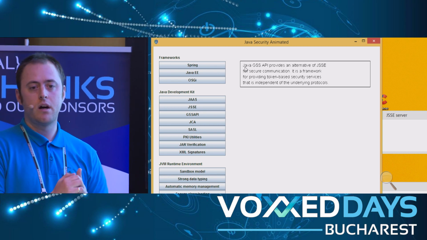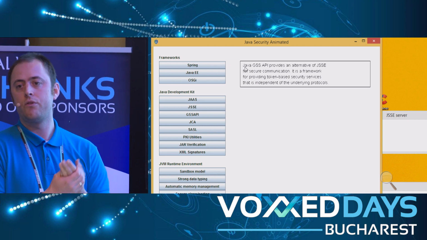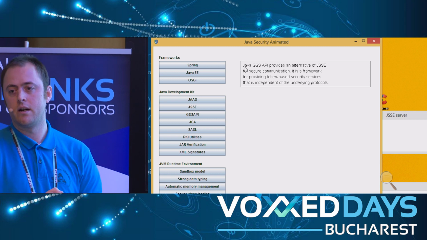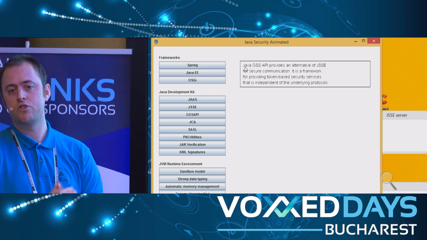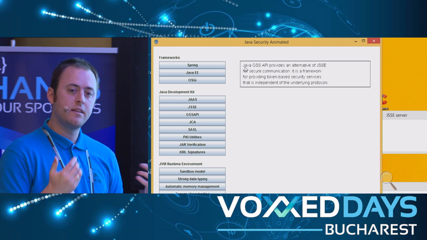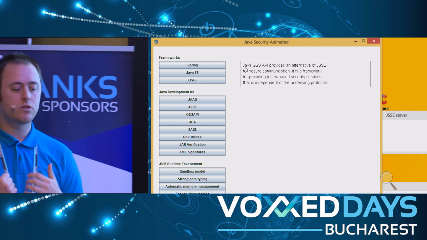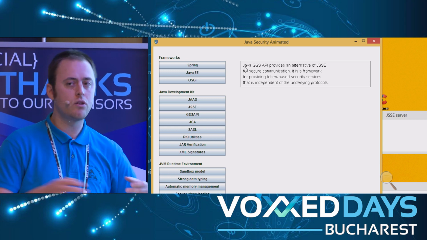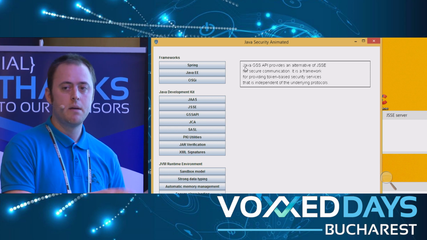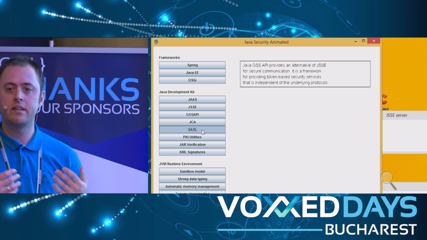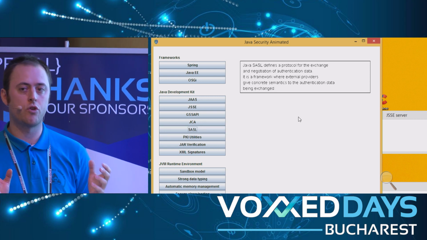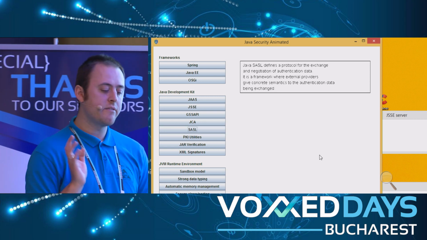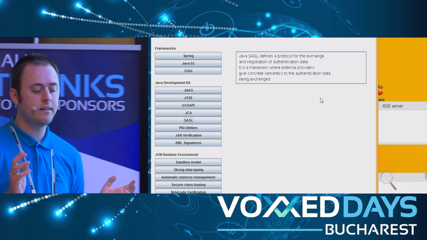By default, before JDK 10, the default format for storing public certificates was JKS, or Java Key Store. However, they switched that to the standard PKCS 12, which is a more well-developed specification, not really specific to the Java platform, but a specification on how you define a particular key store for storing public certificates. So that's something that's changed since JDK 10.